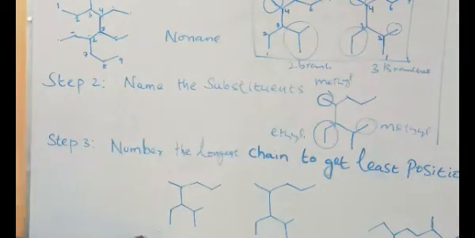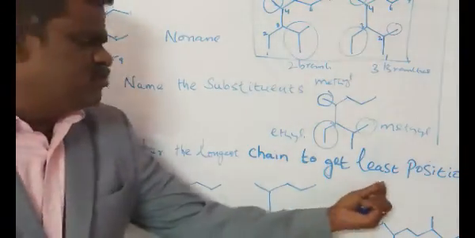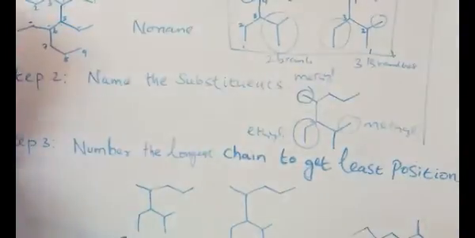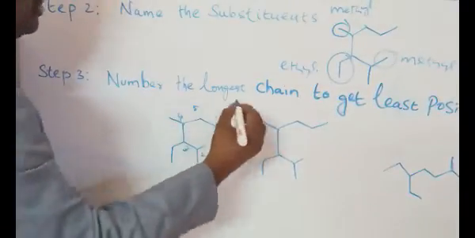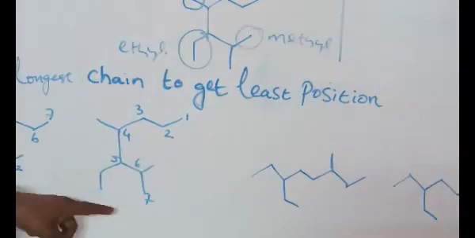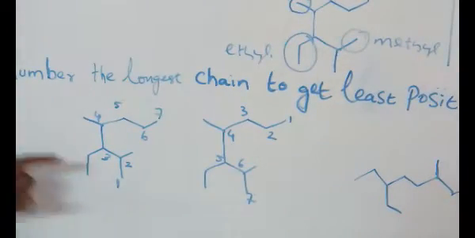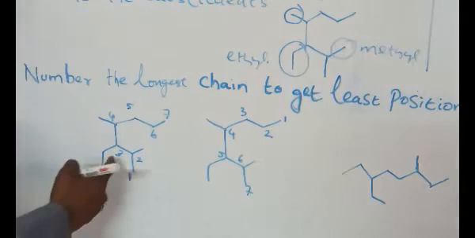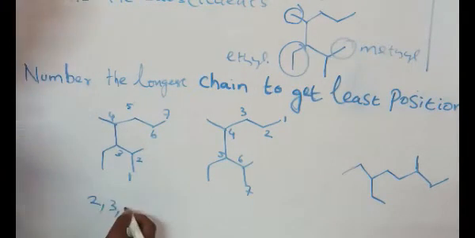Next we have to number the longest chain to get the least position. Let me give 1, 2, 3, 4, 5, 6, 7. I may number this way also: 1, 2, 3, 4, 5, 6. In the first, ethyl is at the second position, ethyl at the third, and methyl at the fourth.